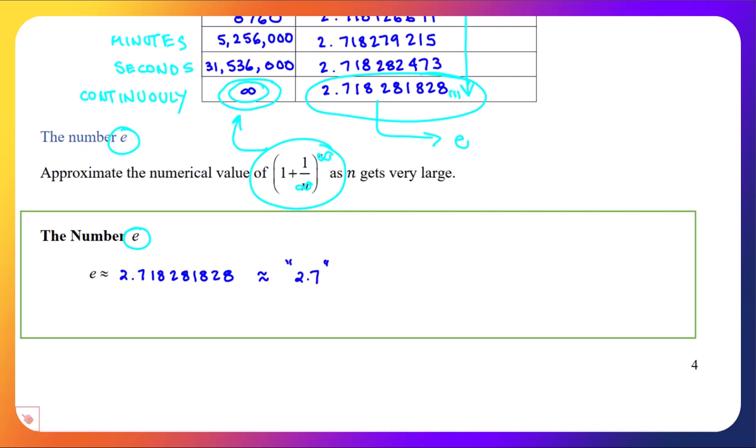It doesn't stop there. It's just writing down that many digits. So dot, dot, dot, is approximately 2.7. For the sake of this class, we'll see that E is about 2.7. Like for pi, we see that's about 3.14. Not exact, but close enough for what we want to do.